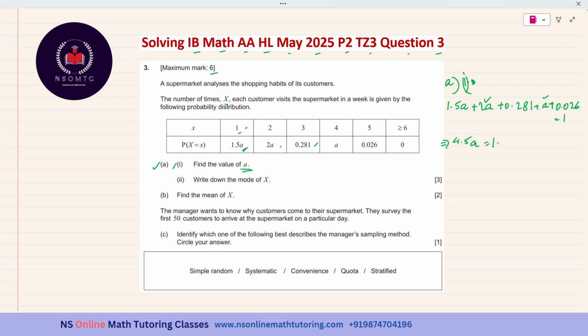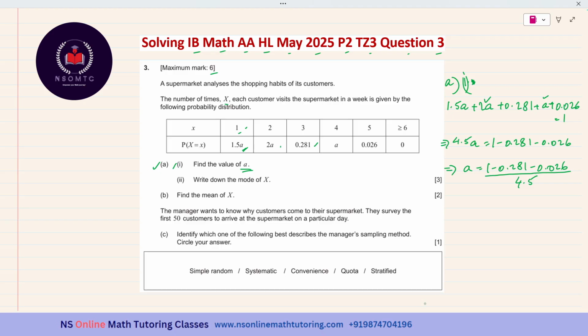4.5A is equal to 1 minus 0.281 minus 0.026. Therefore, A should be equal to 1 minus 0.281 minus 0.026 over 4.5.